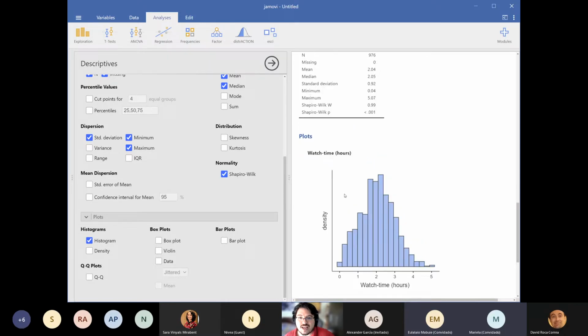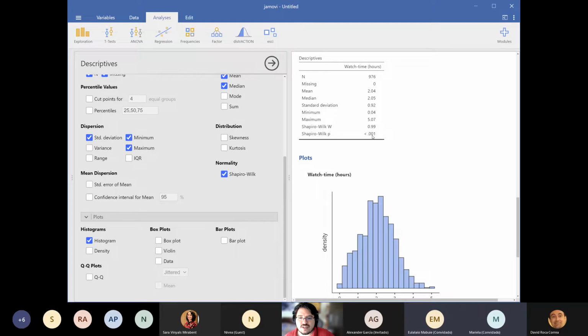Now, for this test, the null hypothesis is that this data is normal. And if that is true, the probability of observing this W is lower than 0.001. So unlikely.